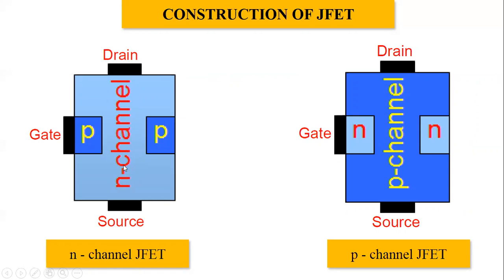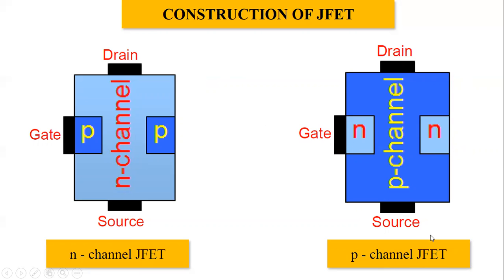Okay, so we say that the current is flowing from this drain to source within this N semiconductor, right? So we call this device N channel FET, right? There is a channel formed through which current is going to flow, and this channel is made of what? N type semiconductor. So this is the N channel JFET.